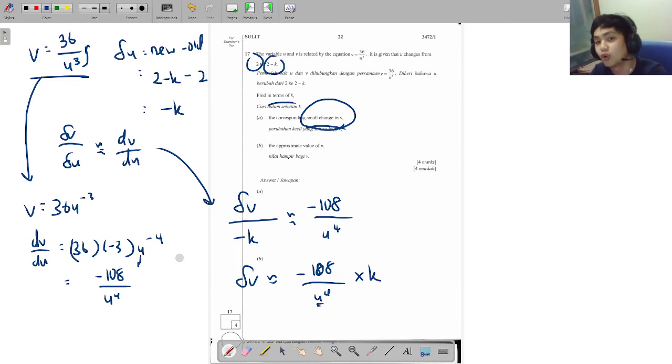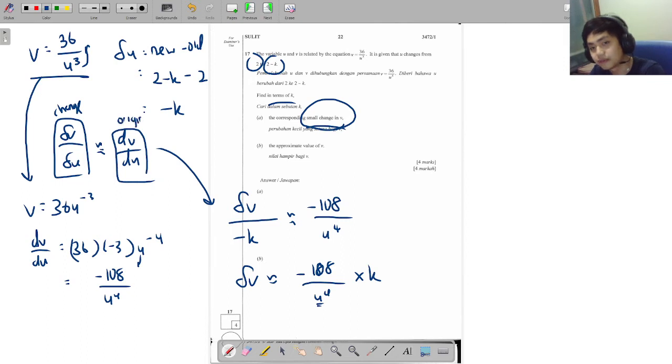We have to sub in the old u, because this is the change and this is the original. So we have to use the original u for this. So it's negative 108 over 2 to the power of 4 times k. So that will simply give us negative 108 over 16, and that is just negative 27 over 4 times k. And that is the answer.